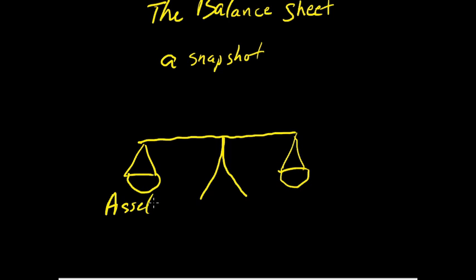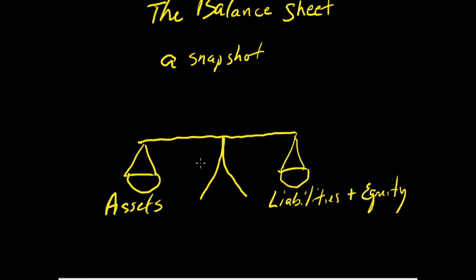On this side we have the assets, and on this side we have the sum of that business's liabilities and equity. Okay? And those are always in balance on a balance sheet.